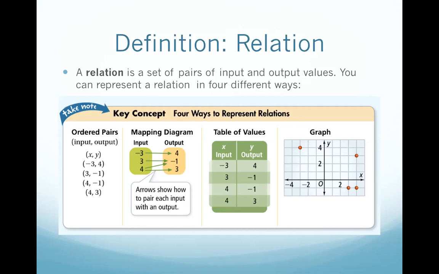And then our last number in that green box for input of our mapping diagram is 4. And so when my input is 4, I actually have 2 arrows going away from 4. And so that tells me I have 2 possible output values. That is -1 and also 3. Okay, now that's important. We had 1 input value that gave us multiple output values.